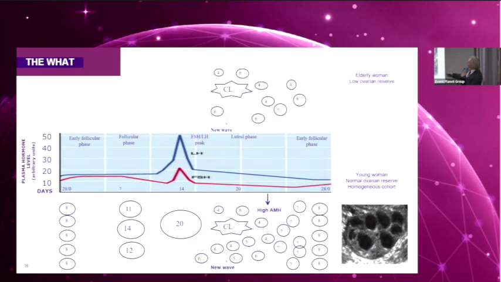What happens when you have a patient which is elderly patient, low ovarian reserve? You have ovulation, but you can see that following the corpus luteum structure is there, you see that the follicles are less, the anti-Mullerian hormone is lower, and you have asynchronicity among follicles.